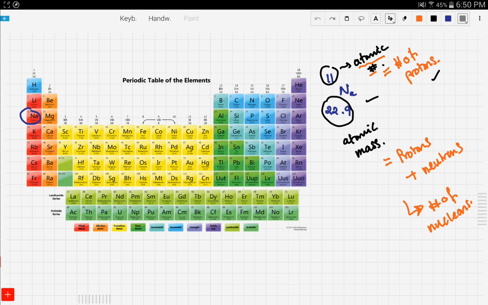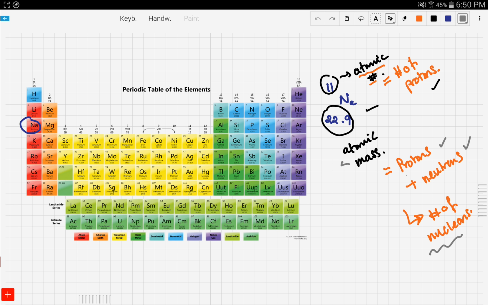The 22.9 is the atomic mass, which is the number of protons plus the neutrons, also known as the number of nucleons.